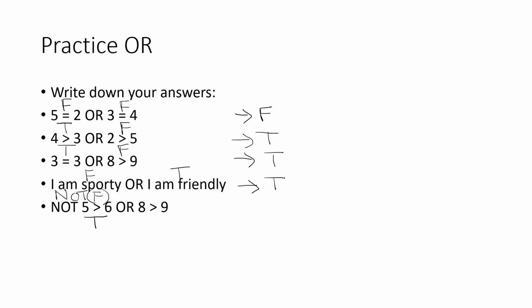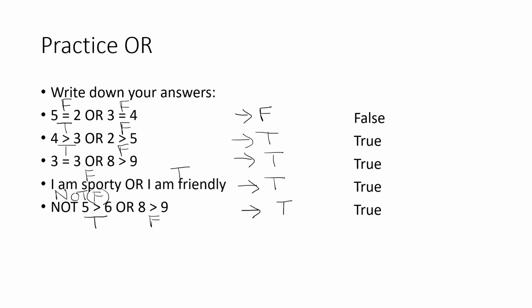Is 8 greater than 9? No, that is false. But I've got a true or false. So that is going to give me a true. So those are all my answers for the ORs. Let's look at the answers. We've got a false, true, true, true, and true. So we got them all right.